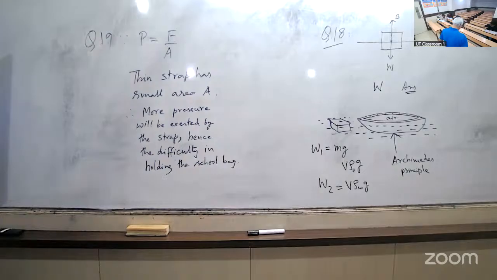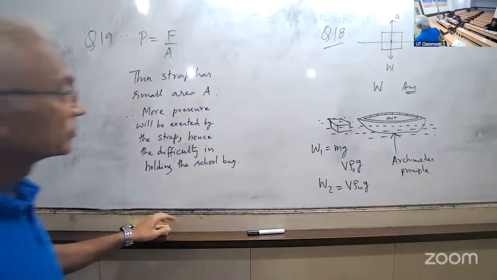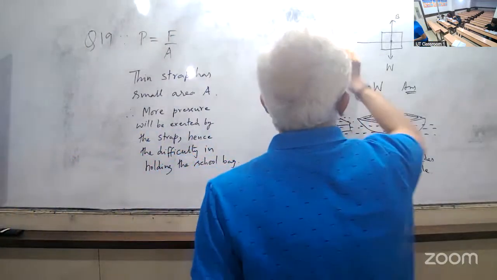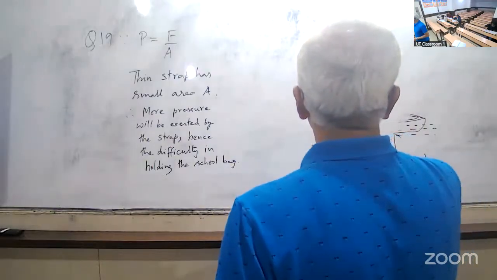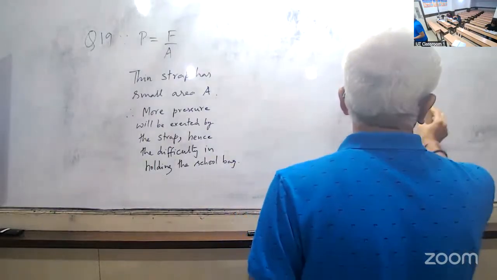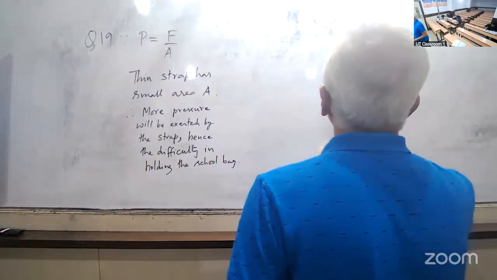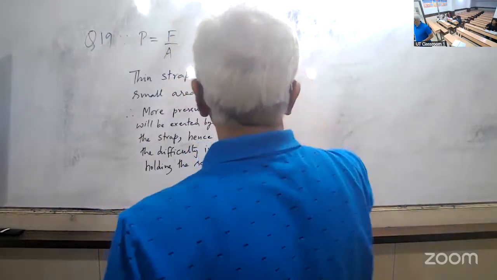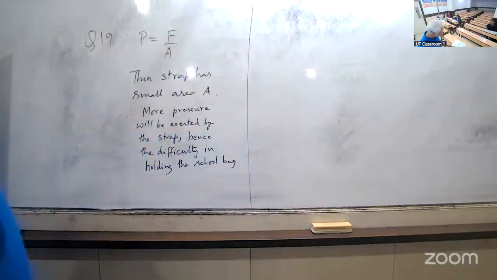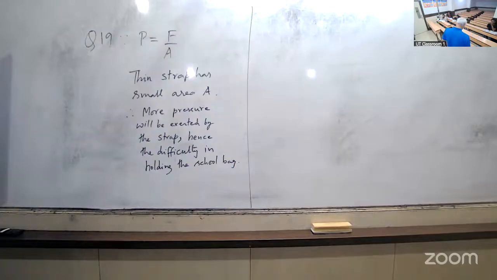Why does an object float or sink when placed on the surface of water? We just discussed this question.